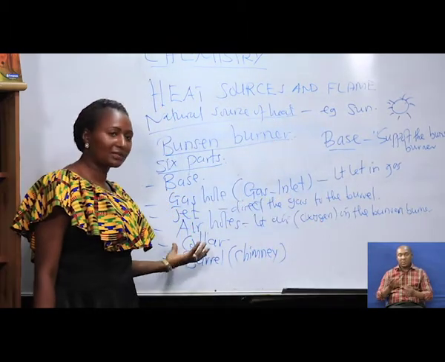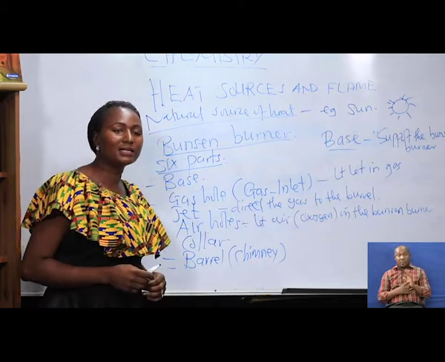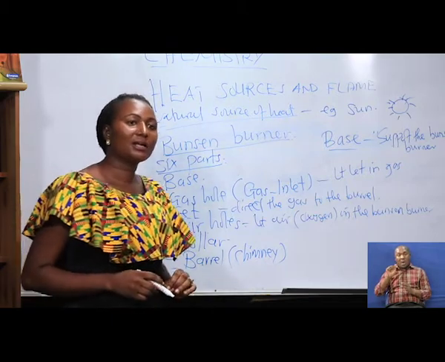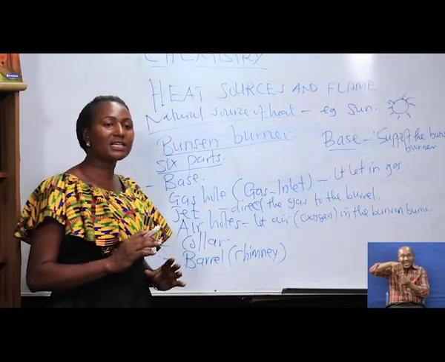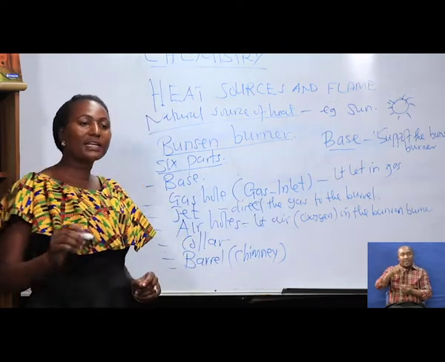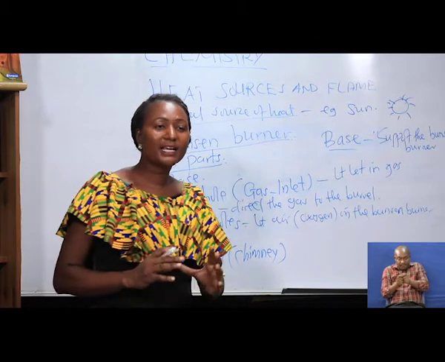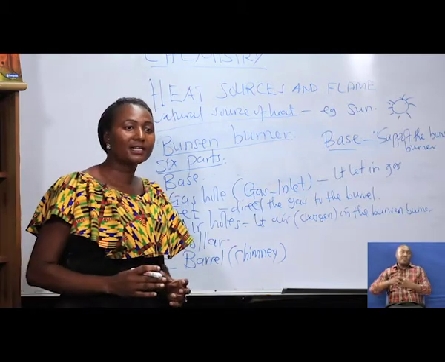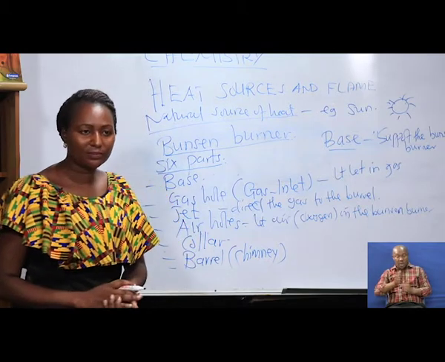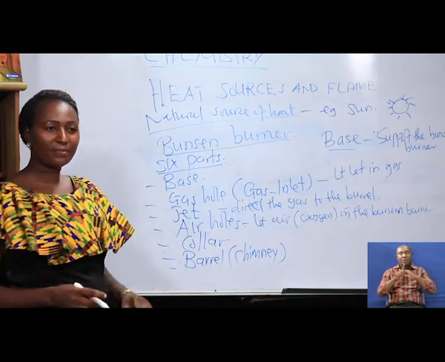Another is the collar. This normally has rings. Its function is to regulate the amount of air entering the Bunsen burner so as to get the required flame. That is the function of the collar.